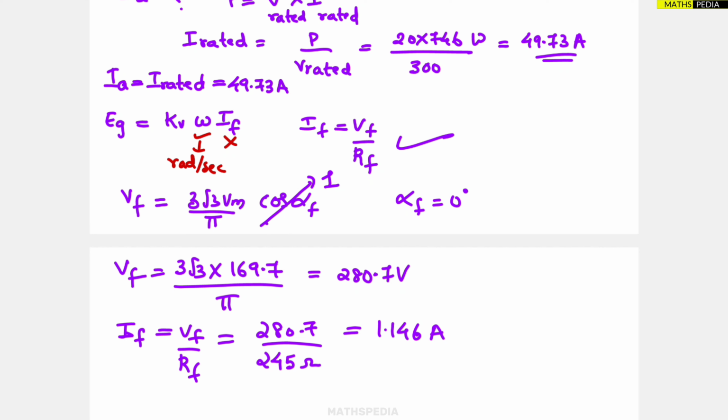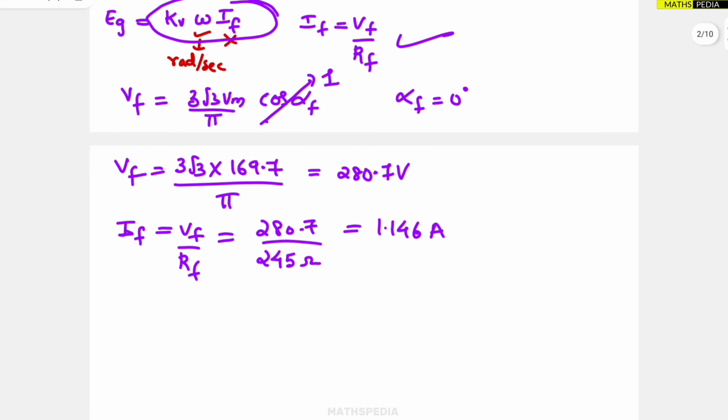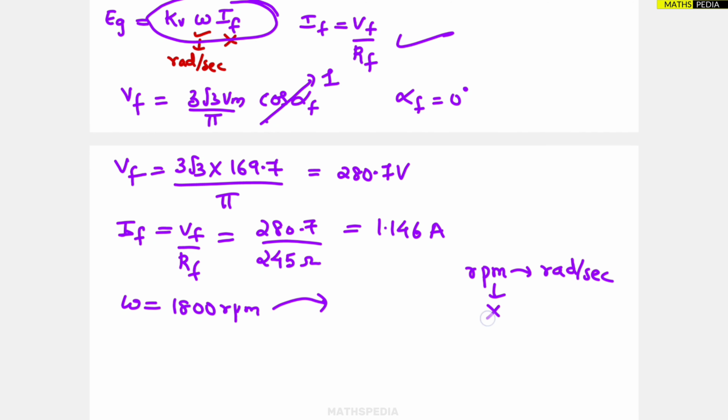After getting IF, I'll substitute in this formula, but before that, you convert omega. Omega given in the question is 1800 rpm. I need to convert it into radian per second. How will you convert? Remember the simple thing: rpm to radian per second, you just multiply the rpm by pi by 30.